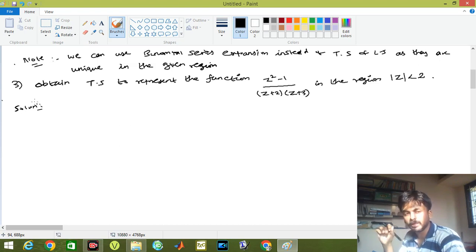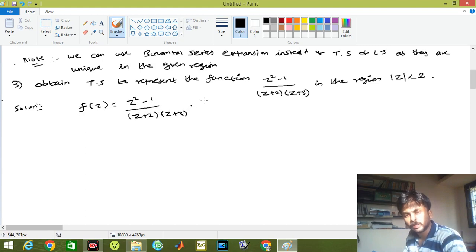The problem here is they have mentioned the region for f of z, that is (z square minus 1) by (z plus 2)(z plus 3), about the region modulus of z less than 2. The function is varied only within the region modulus of z less than 2. So for the points z equal to minus 2 and z equal to minus 3, the analyticity will be lost.